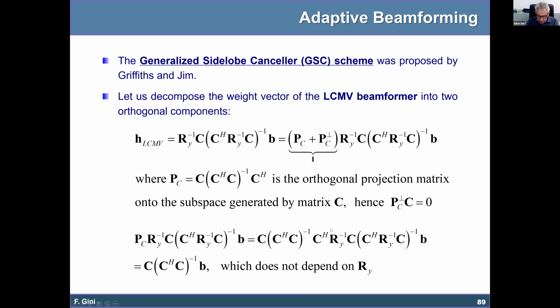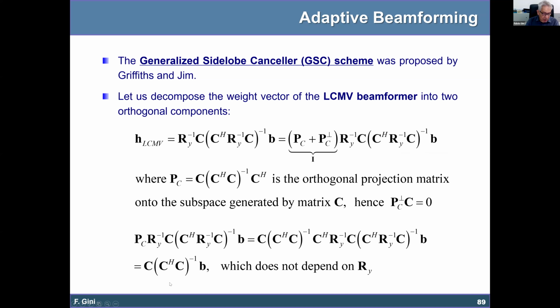Now, if you look, this is the inverse of this. So the product of these two is the identity matrix. So at the end, the first term that we obtain from this product is this one.